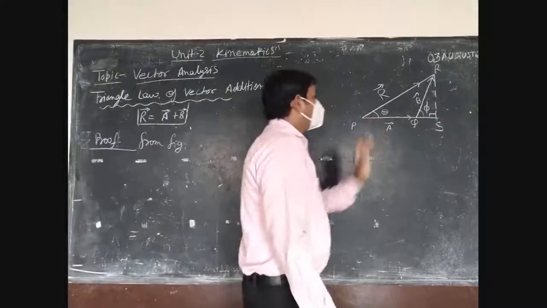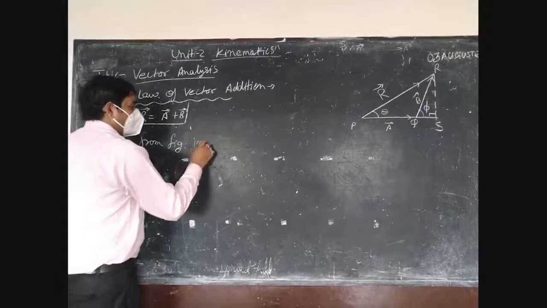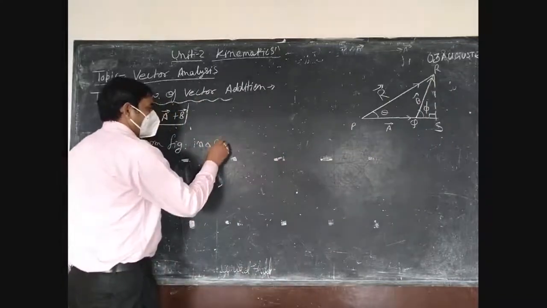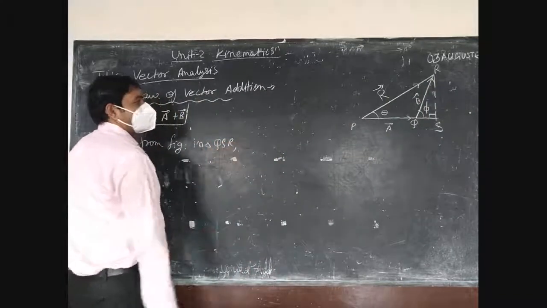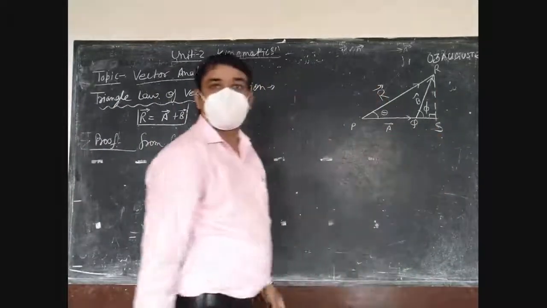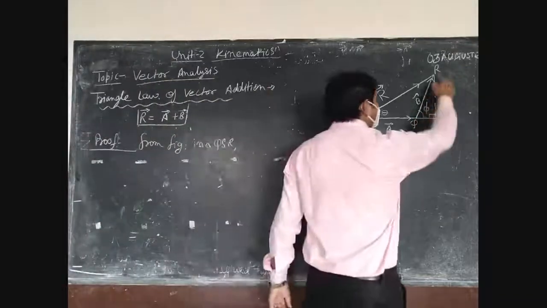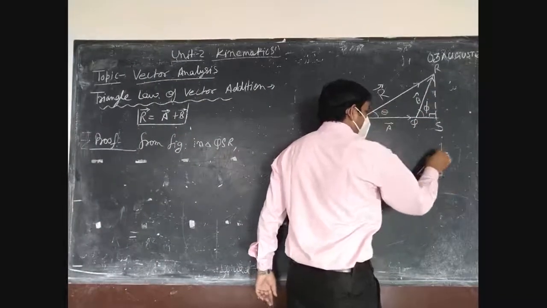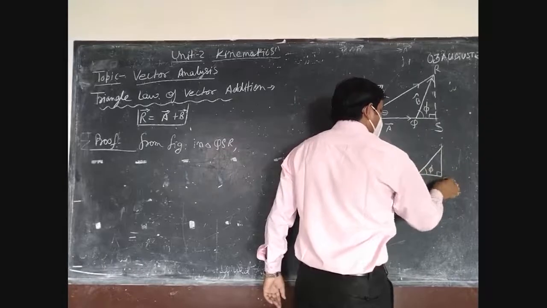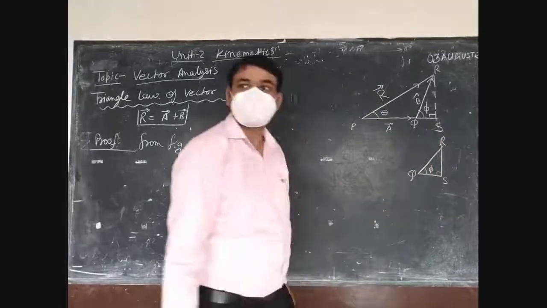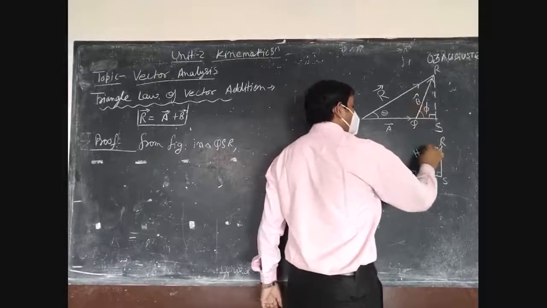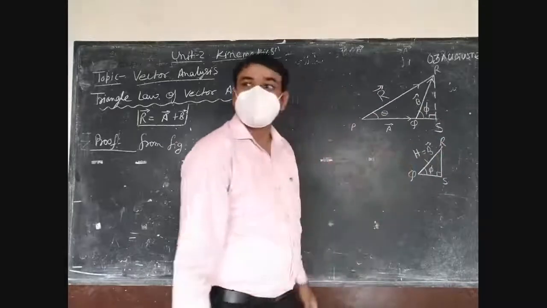Then from the figure, in triangle QSR, we need to calculate the result for RS and for QS. Okay, so if we discuss this triangle, this angle is phi, this is 90 degrees, this is Q, this is S, and this one is R. Now this acts as the hypotenuse and its value is equal to vector B. Clear?